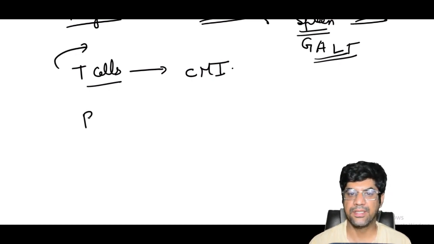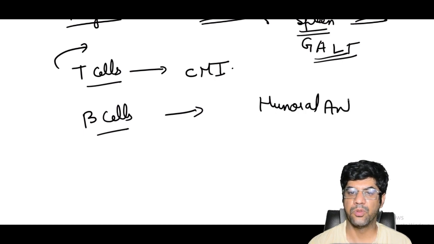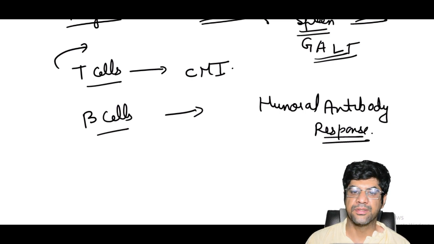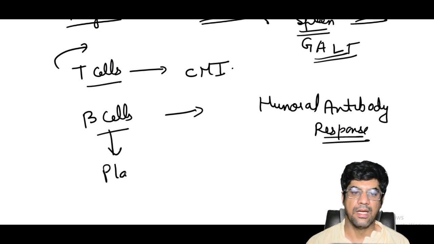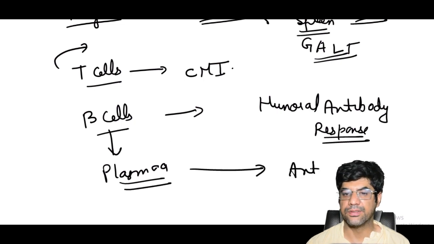The B cells are involved in, remember, the humoral antibody response, and the site of production is bone marrow and the bursa of Fabricius. So after activation, the B cells become plasma cells, and these plasma cells secrete antibodies.